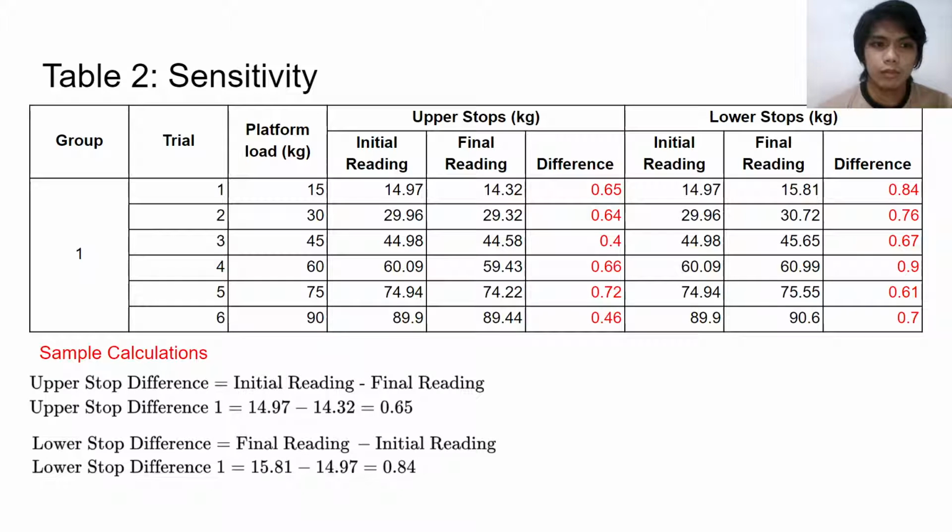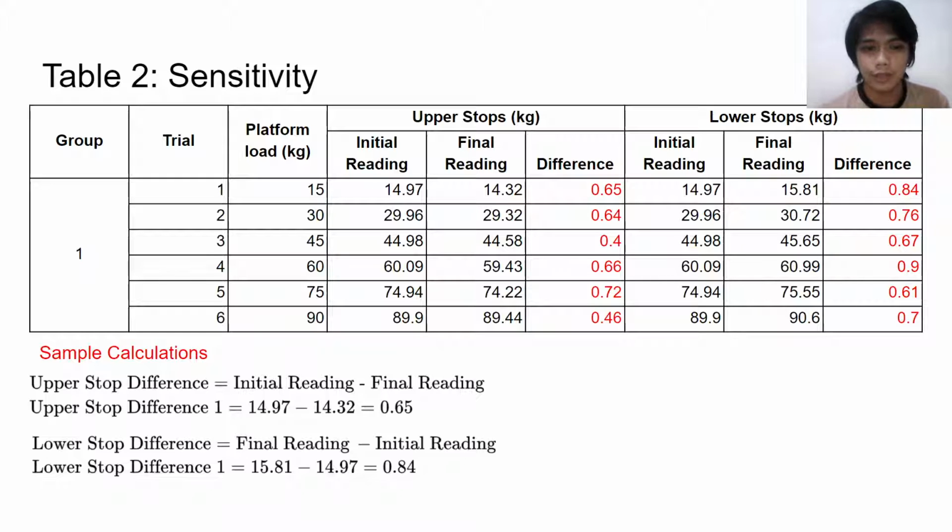An example would be for trial 1, which is 14.97 minus 14.32, which results in 0.65 kilograms of difference. That is again the upper stop difference.